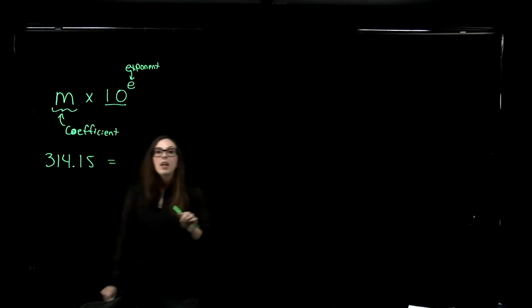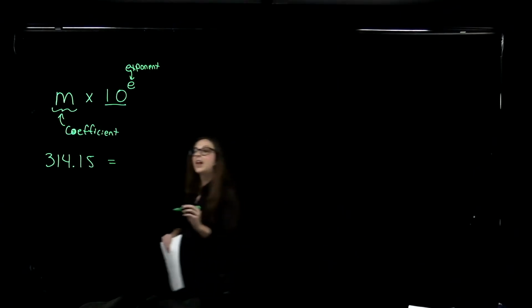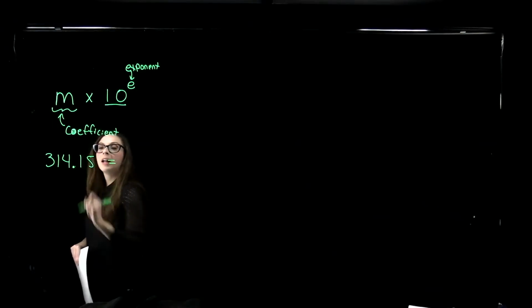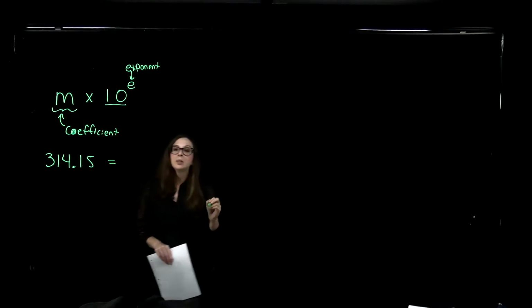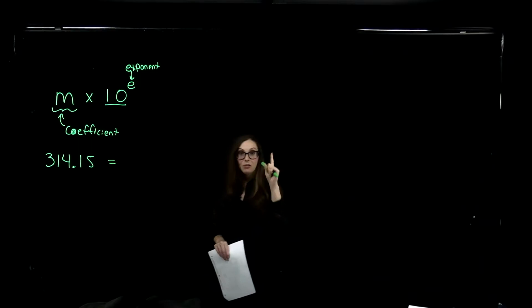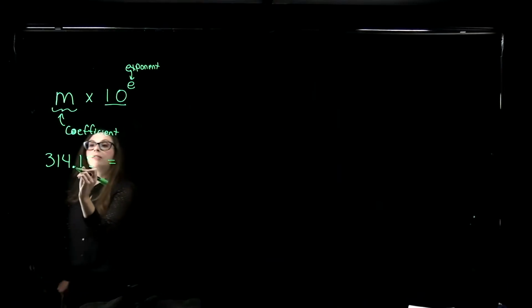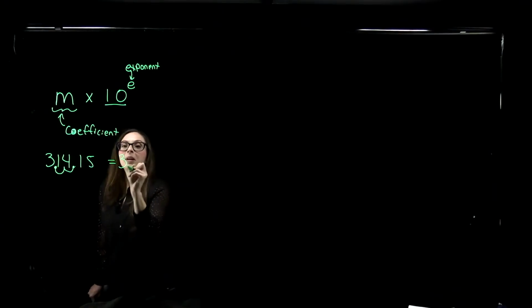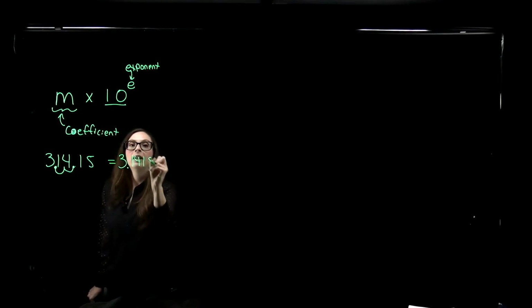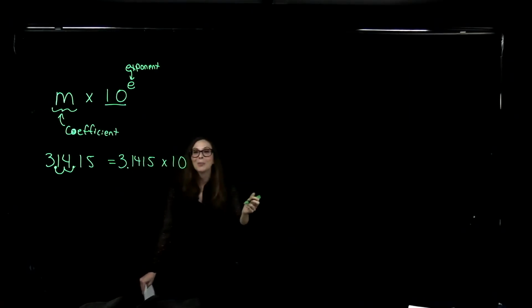Now, in normalized scientific notation, what I do is I take my decimal point right here and I move it so many spaces until that decimal point is right behind the first non-zero digit in my number. Here I've got my decimal point and I'm going to move it to the left 1, 2 spaces, and then my number becomes 3.1415 times 10 to the, what number am I going to put for my exponent?